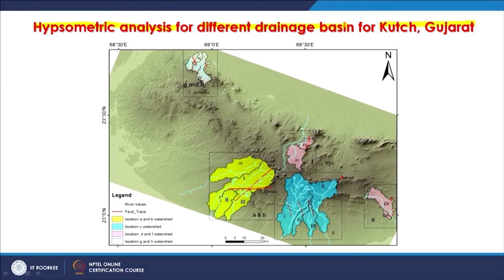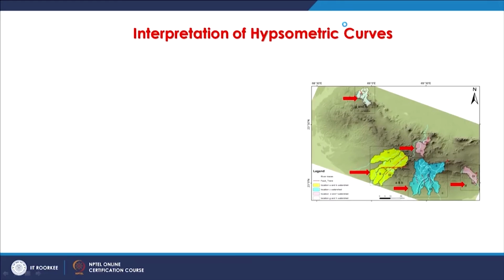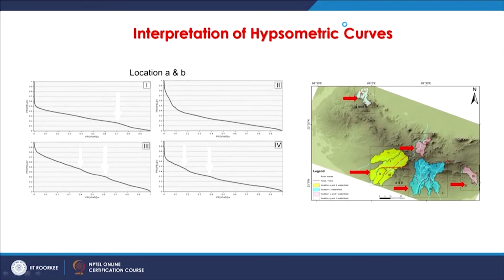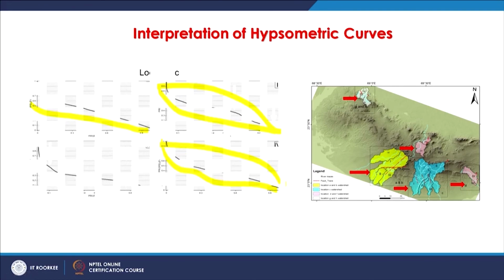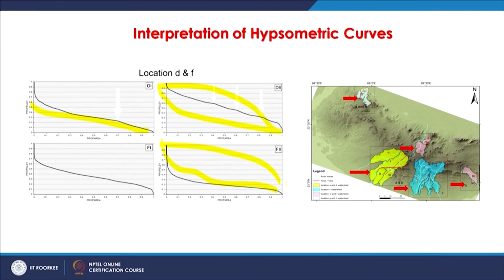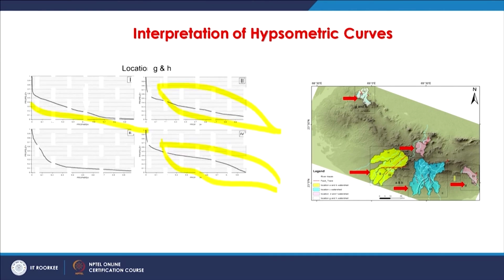These are the various watersheds considered in this analysis. We find that though there are tectonic activities in this region, the hypsometric curves are not taking the shape they would in the case of the Himalaya, but are taking a shape nearer to an older kind of topography. Here is one more example, and one more example for different watersheds, and likewise.